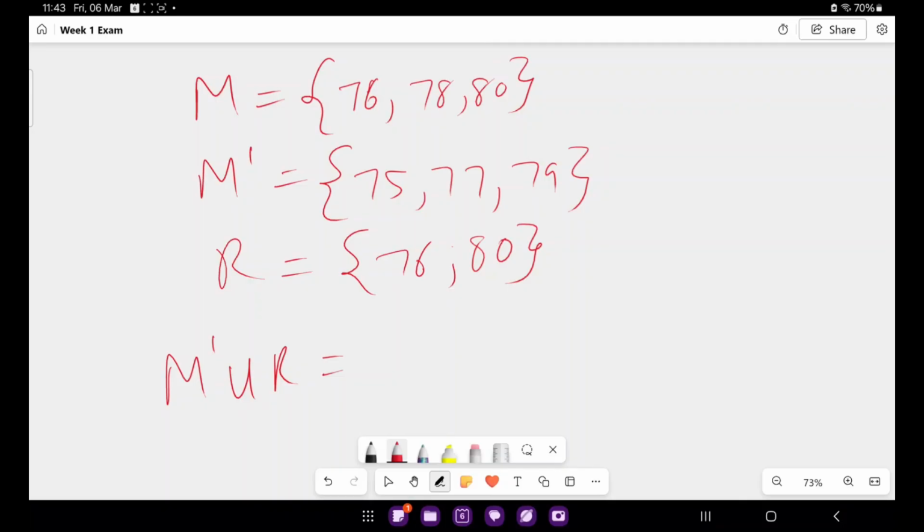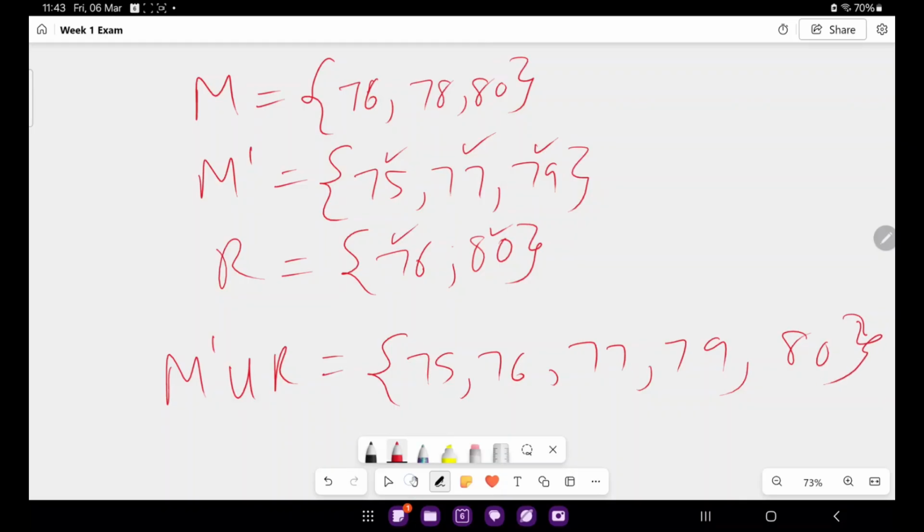Everyone that's in M complement joins with everyone that's in R. So now it becomes 75, 76, 77, 79, because there's no 78, then 80.